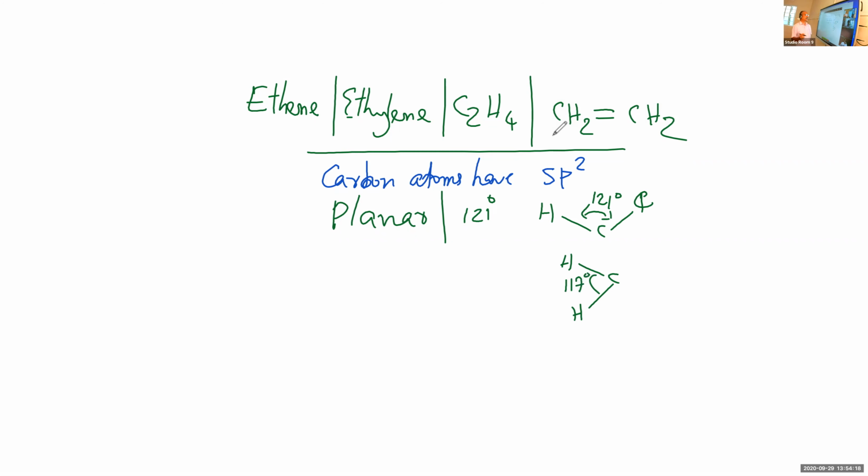It is closer to 120 degrees. The molecule is planar, and that is due to the sp2 hybridization of both the carbon atoms.